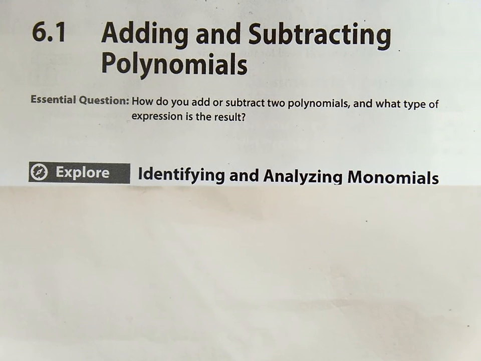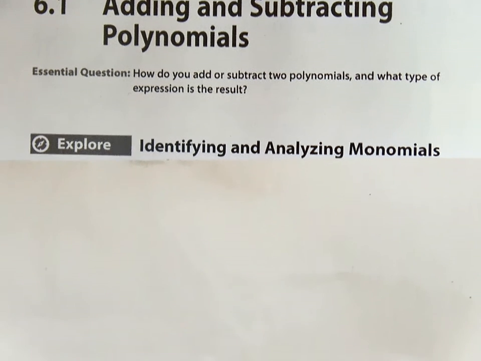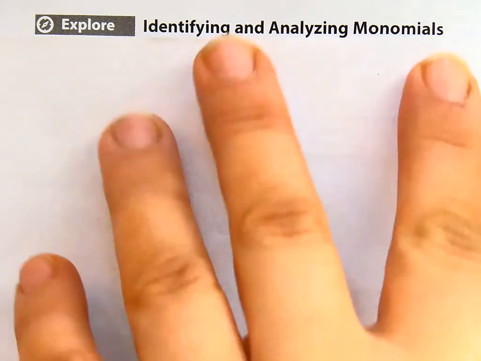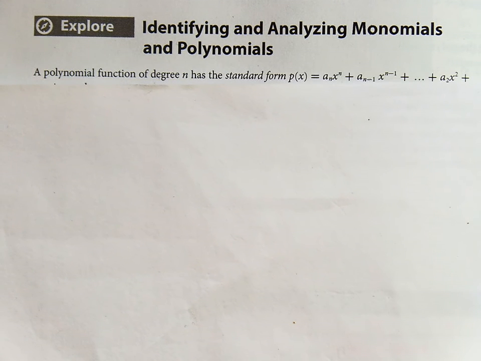So let's have our explore. Identifying and analyzing monomials. So kind of a way to think about it, remember mono means one. And that's what it originates from. Okay, so monomials and polynomials.